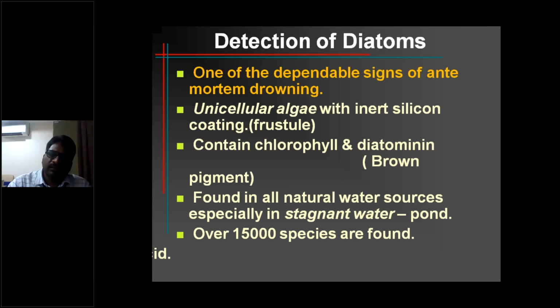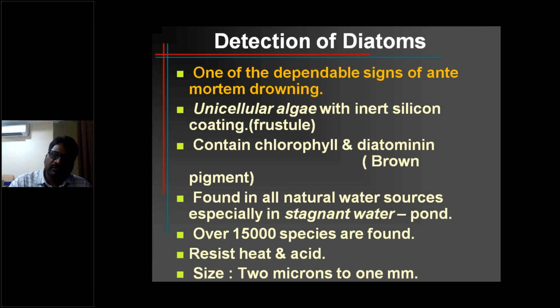Now another typical thing in case of drowning: diatoms. Diatoms are one of the best, dependable antemortem signs of drowning. Diatoms are unicellular algae with a silicon coating around them, connected with fresh water.